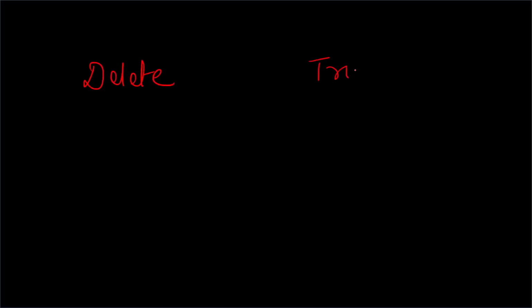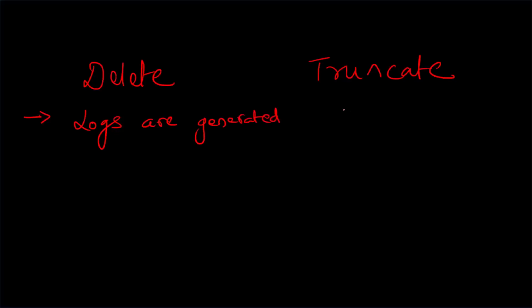Delete versus truncate. The difference between the delete and truncate statement is that for delete, logs are generated, and here no logging happens. How does it make a difference to us?